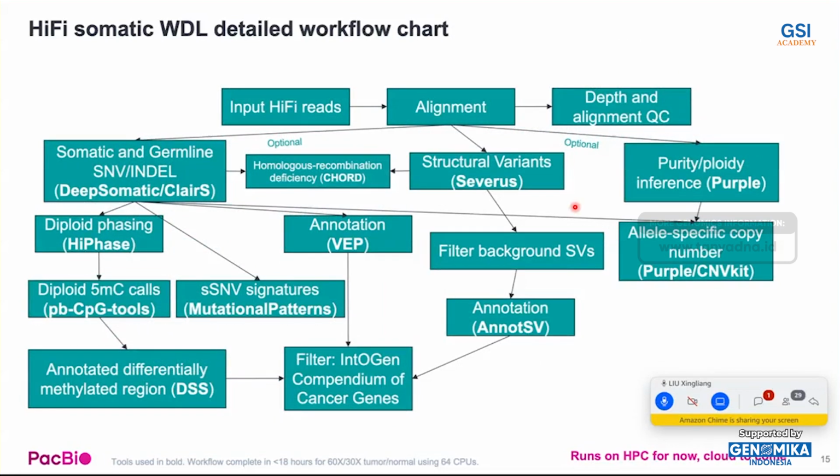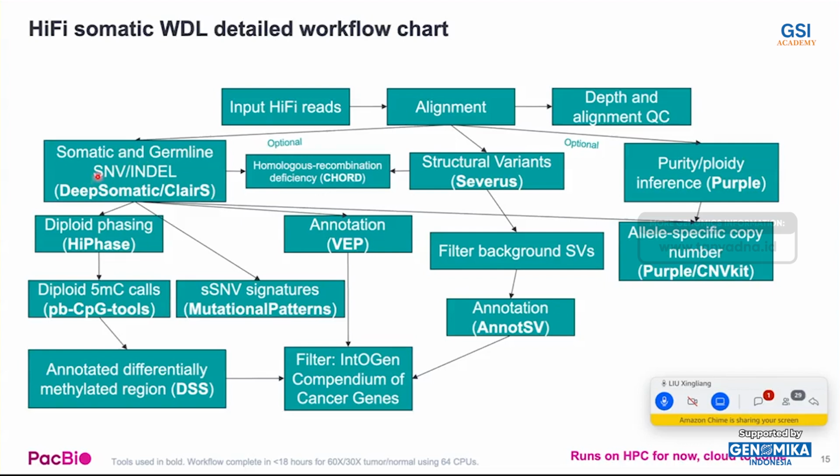Okay, so here is the detailed diagram of the whole workflow. As you can see, the workflow starts from the HiFi long-read alignments, followed by a few basic QCs, for example, depth metrics as well as alignment QCs.